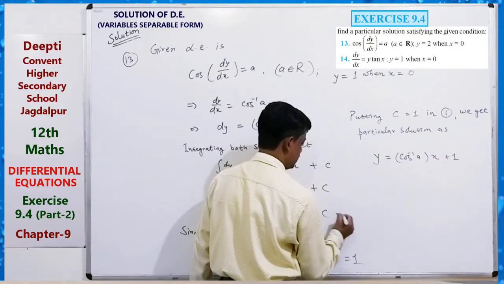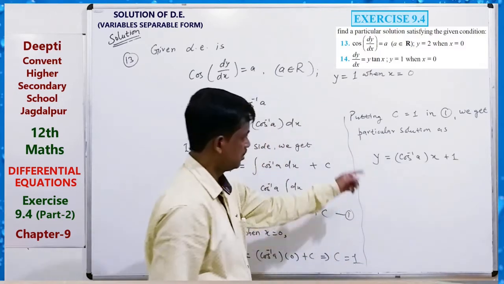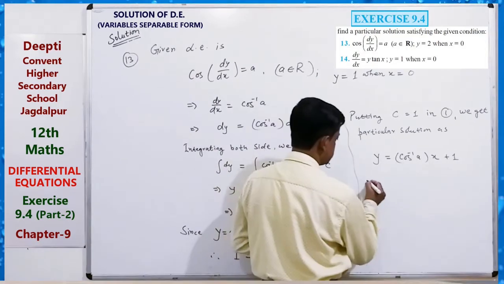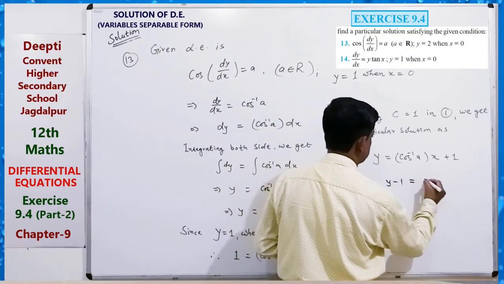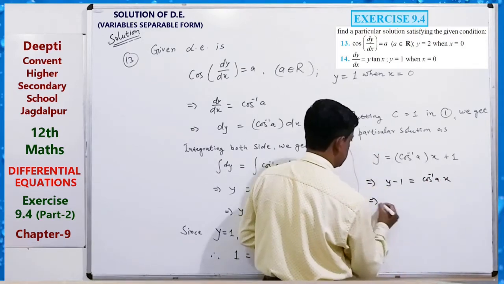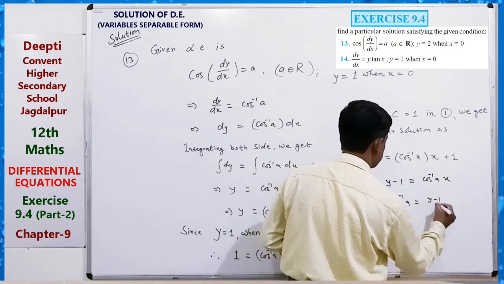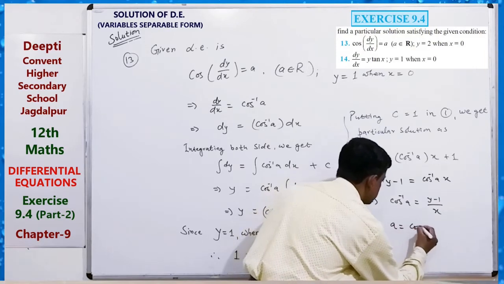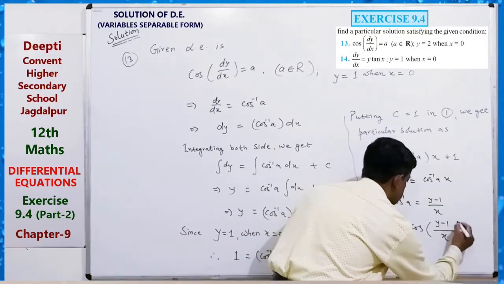Now you can write it in simplified form: y minus 1 equals cos inverse a times x, that is cos inverse a equals (y minus 1) upon x, that is a equals cos of (y minus 1) upon x.